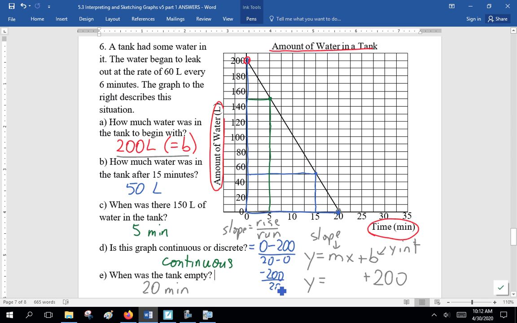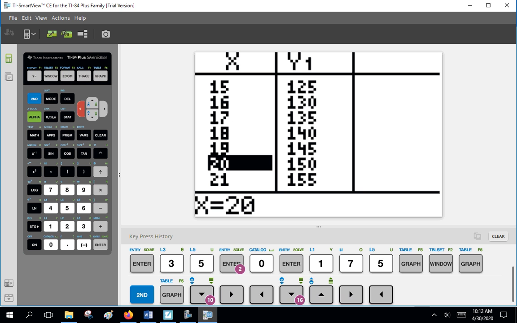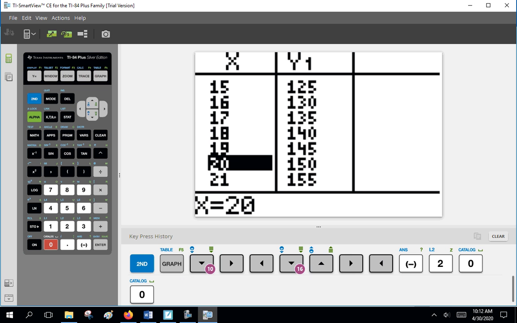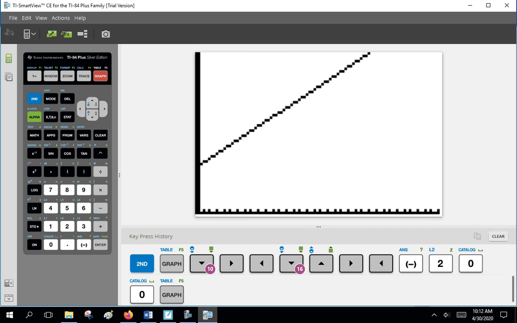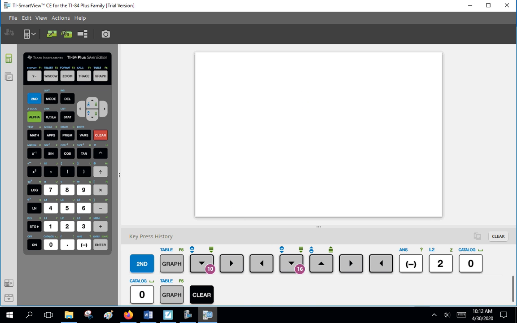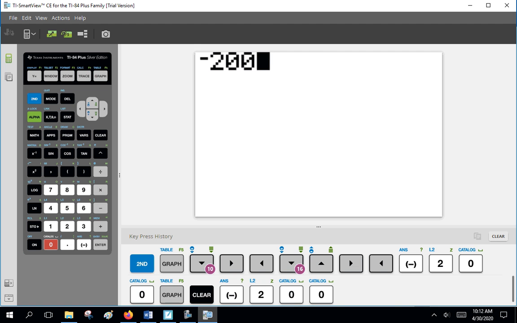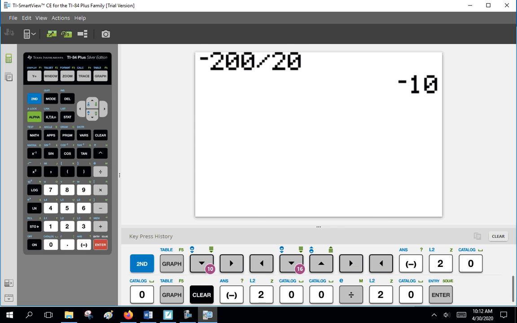Now, grab Mr. Graphing Calculator. What is minus 200 divided by 20? Minus 200 divided by 20 is minus 10.